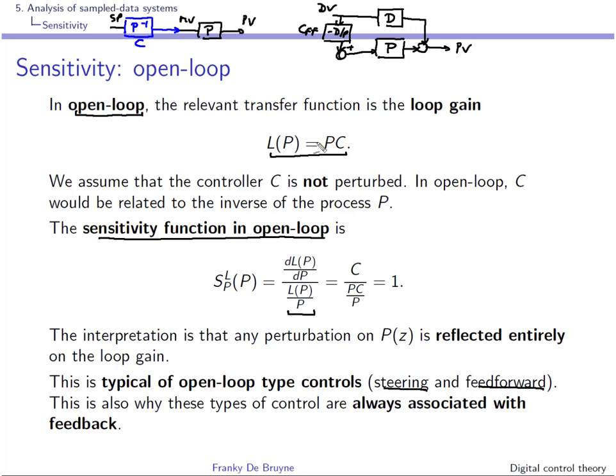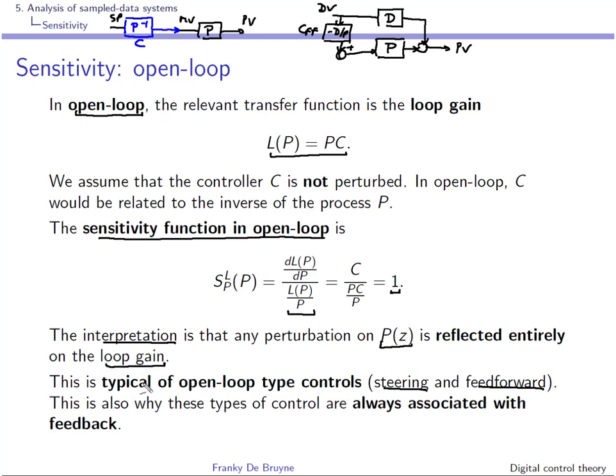You take the derivative of this one with respect to P. This is C. You divide by the loop gain divided by P, and what you see is that you have a 1 over here. The interpretation is that any perturbation on the process is reflected entirely on the open loop gain.